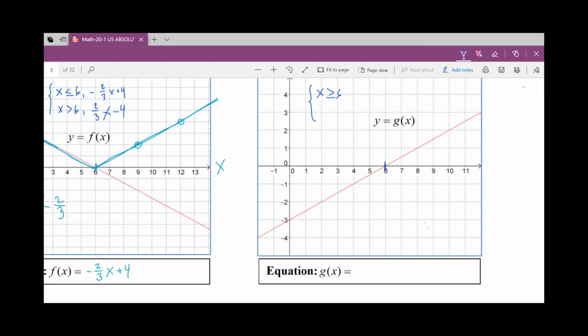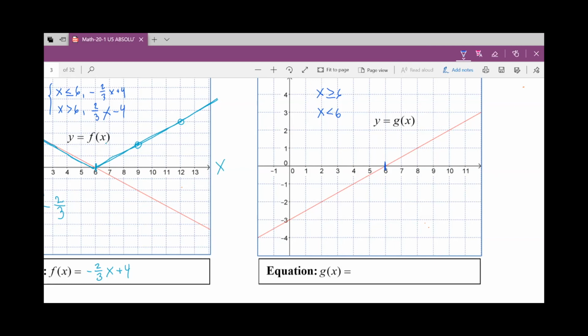And then there's going to be another equation for the function that is less than 6. Greater than or equal to 6, because after x equals 6, all of the line lies above the x-axis. And it's just the parts of the graph where x is less than 6 that are going to be flipped over.